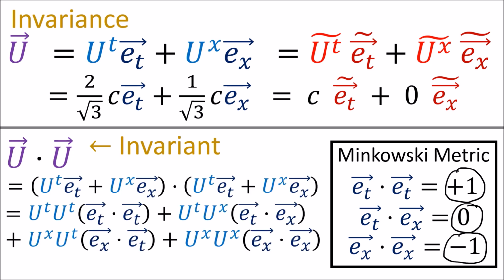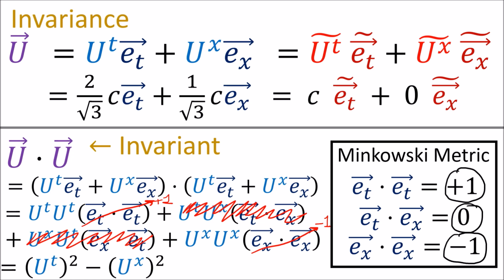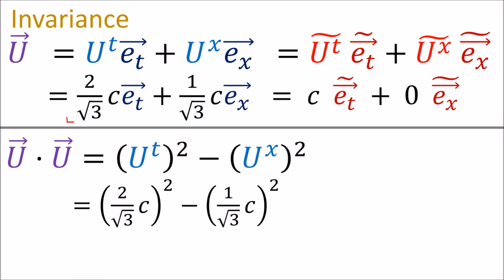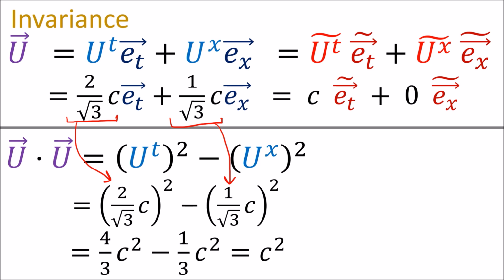So in our case, big U dot big U is ut squared minus ux squared. In Einstein's frame, this gives us 2 over root 3 c squared minus 1 over root 3 c squared, which is 4 over 3 c squared minus 1 over 3 c squared, which ends up just being c squared.